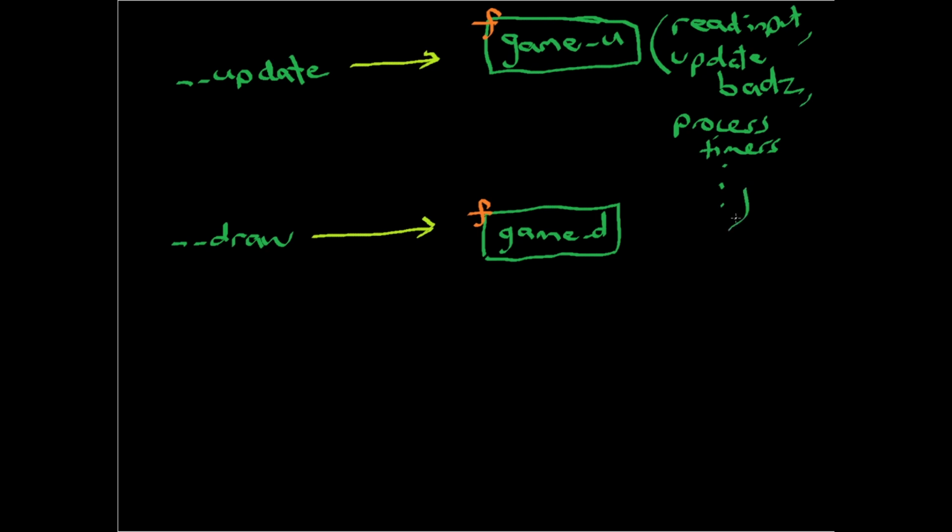But there may be a state of the game that we don't want to do all this stuff in. Maybe we just want to process timers and do nothing else. Maybe we don't want to read any input from the player, like on a game over screen or on a title screen. We don't have any baddies, so we don't want to do the update baddie logic. Maybe we want to keep the timers though.